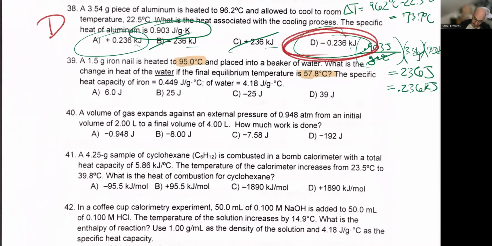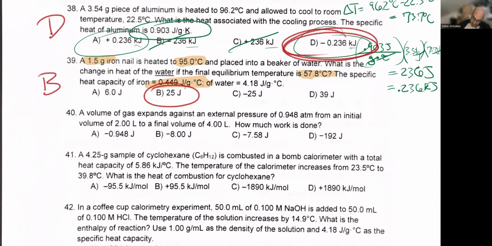So your delta T, iron, and the specific heat capacity of the iron. So the iron goes from 95 to 57.8 degrees. This is the same thing you guys did in lab. 1.5 grams of iron, again, multiply by the delta T, and it's the same exact problem as the previous, said in a different way. You should end up with B, I guess, here. 39 was B. Yeah. All right.